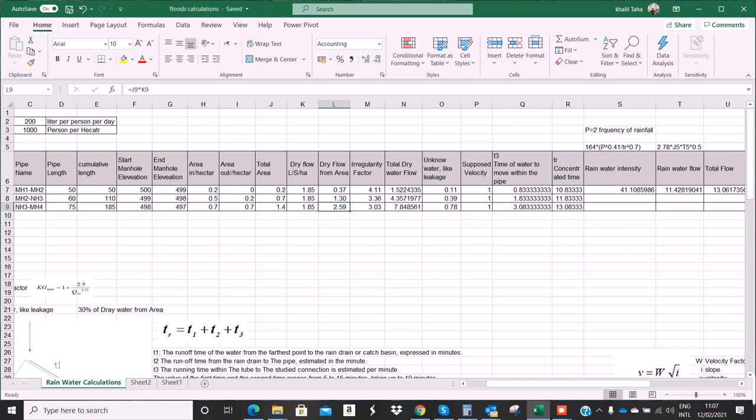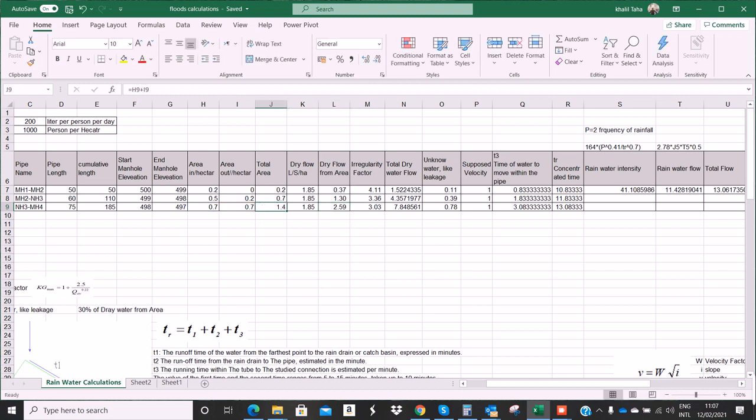The first pipe will carry the wastewater from the people living in area 1. The second pipe will carry the wastewater coming from the people living in area 1 and area 2. The third pipe will carry the wastewater coming from the people living in areas 1, 2, and 3.